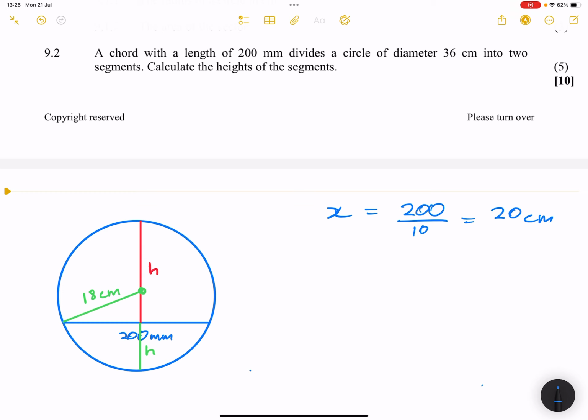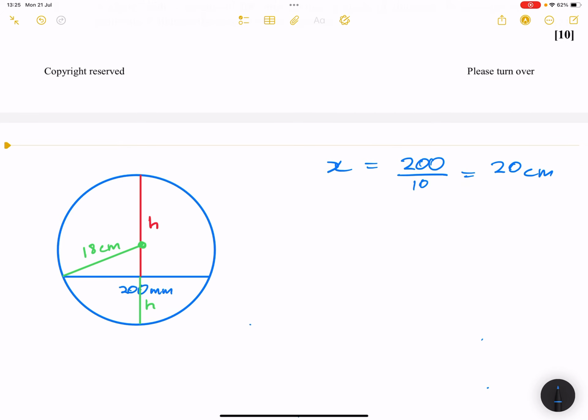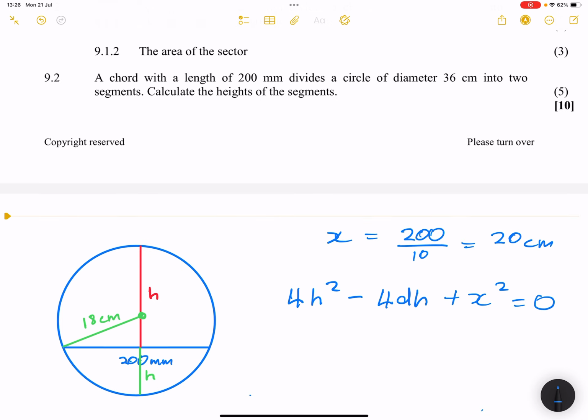So now what we're going to do is use a formula. And the formula is as simple as this: 4h squared minus 4dh plus x squared is equal to 0. So note, in this case, h is the height in each segment, and we've got x as the length of your chord, right?